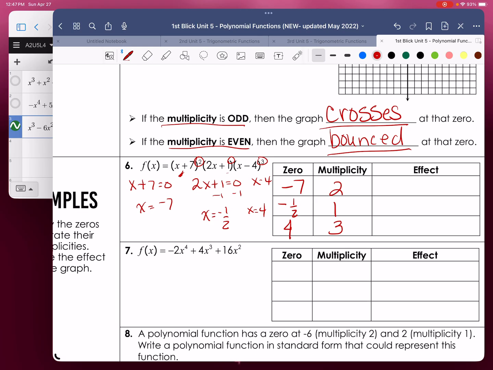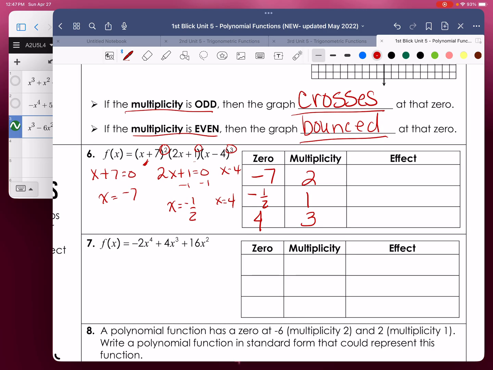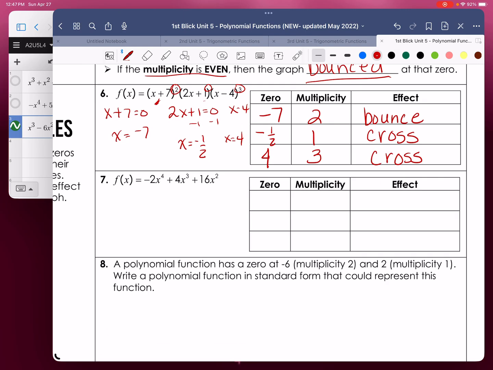So the effect is, remember, if it's even, you're going to get a bounce. If it's odd, you're going to get a cross. So on the 1/2 and 4, it's just going to cross through those points. It's not going to bounce. But at -7, it is going to bounce. Okay, let's look at the next one.